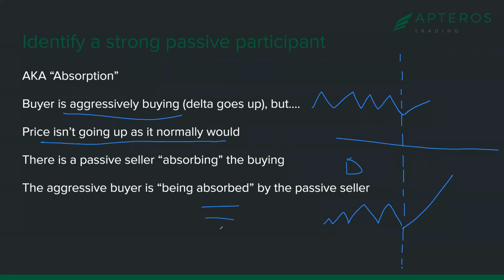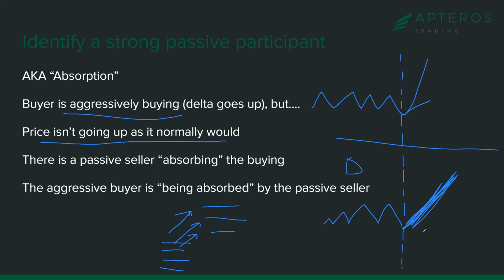Remember, you got your sellers, you got your buyers, and all of a sudden we've got a buyer being really aggressive, really aggressive. The delta shows that because there's a bunch of contracts trading into the offers. So cumulative delta is headed higher. What's the only way that that dynamic occurs and price doesn't go like this?